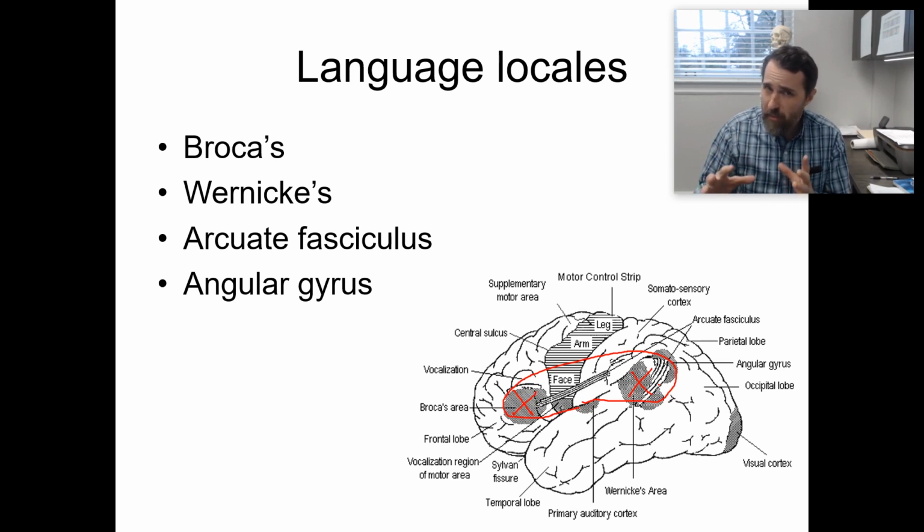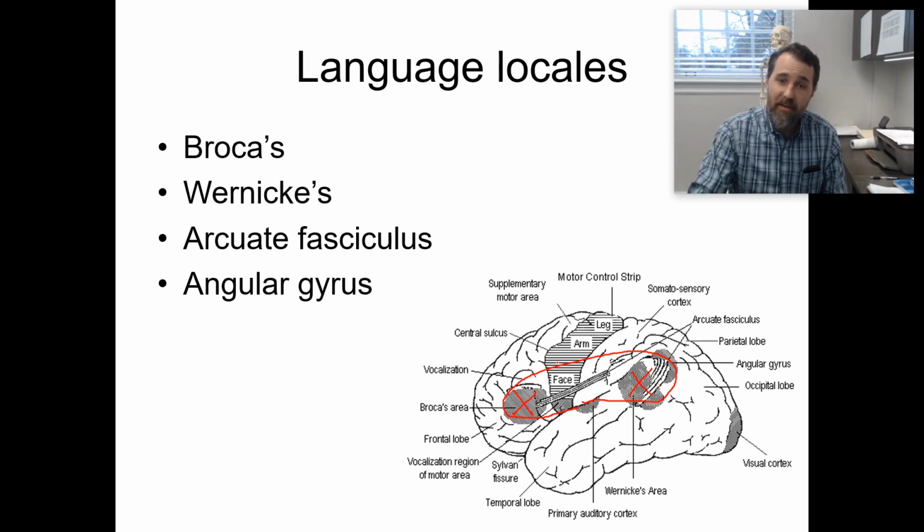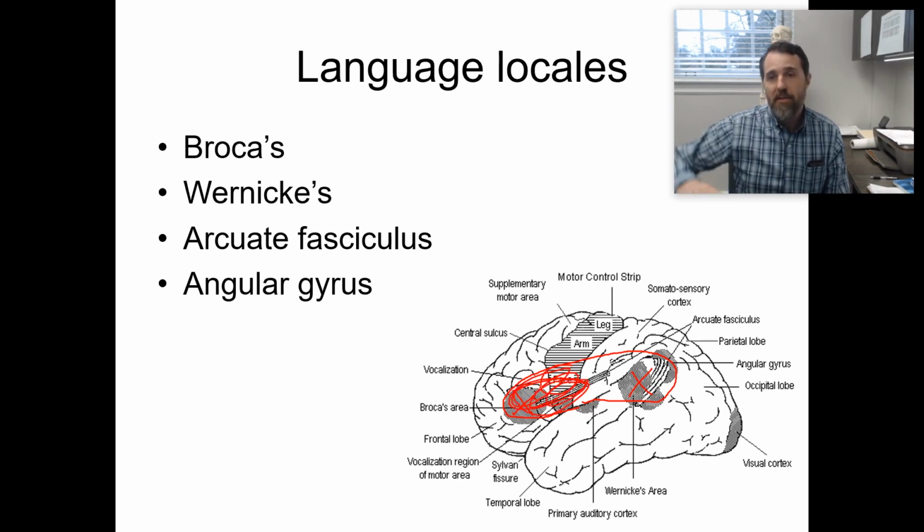This person is pretty much going to be reduced down to the level of using gesture. And they'll only be able to gesture using their left hand because their right hand is controlled by the left hemisphere, and the left hemisphere, especially the left frontal lobe, has suffered a lot of damage. So you're going to have that contralateral hemiplegia.